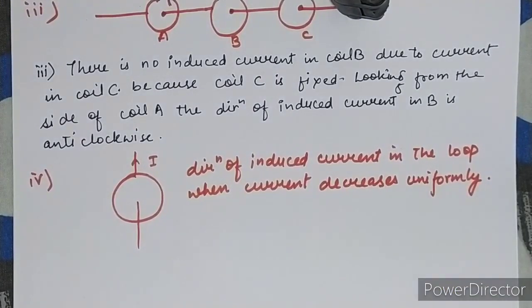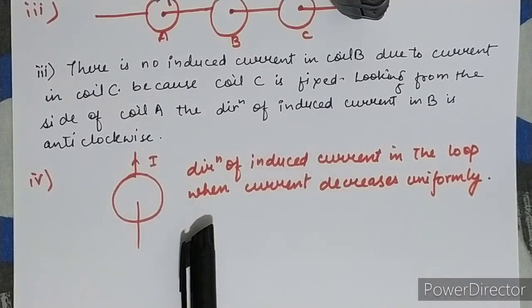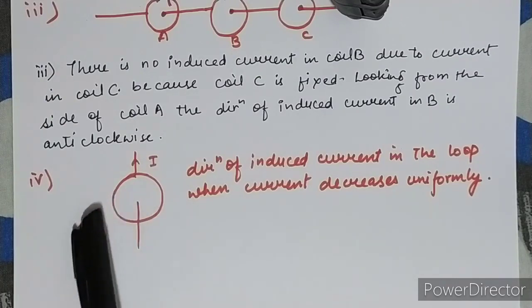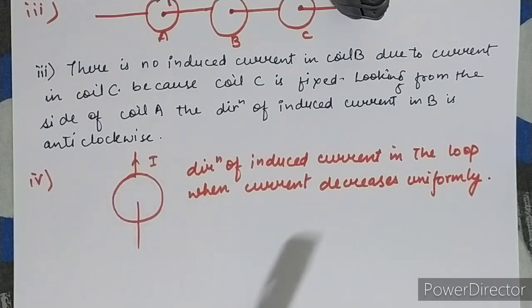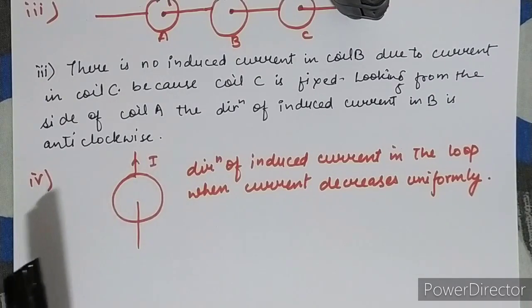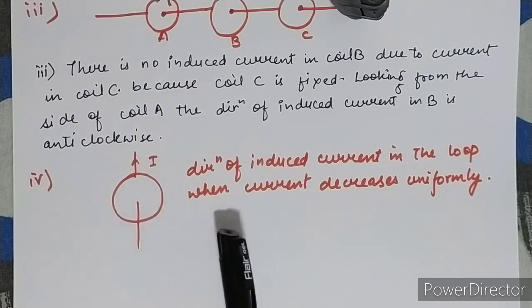Current decreases uniformly. Okay, so in this, the rate of change of magnetic flux associated with the circular loop is constant. Hence current will not be induced in the loop. What is given in the question?